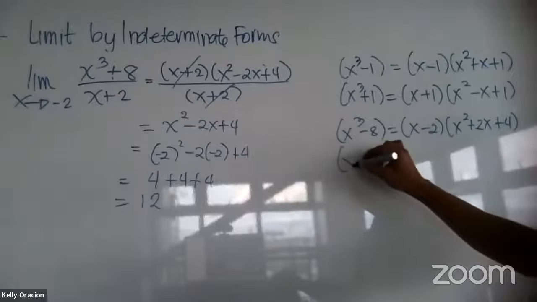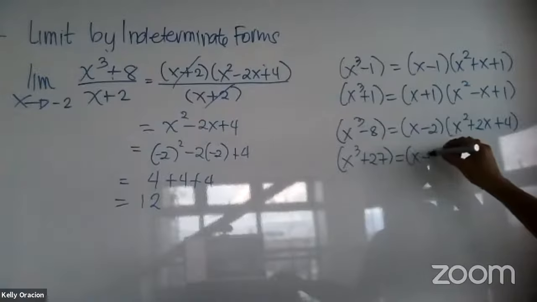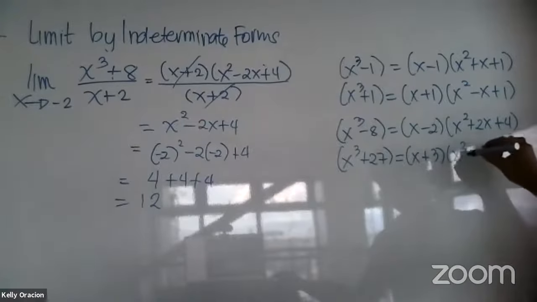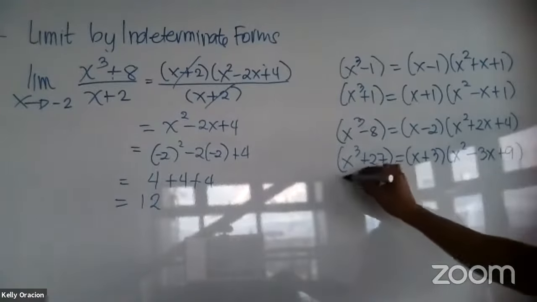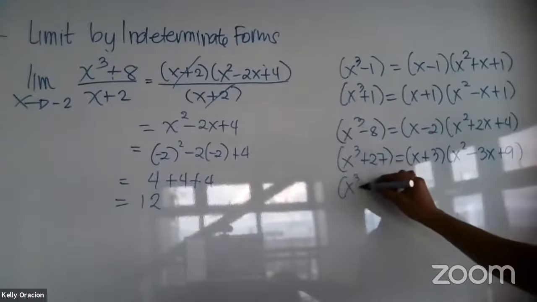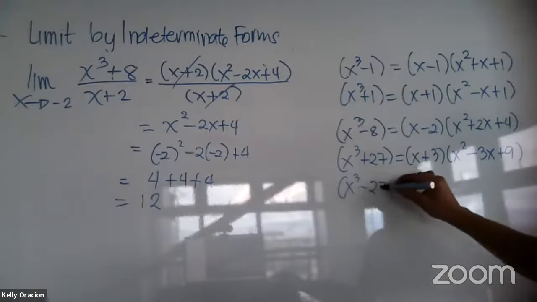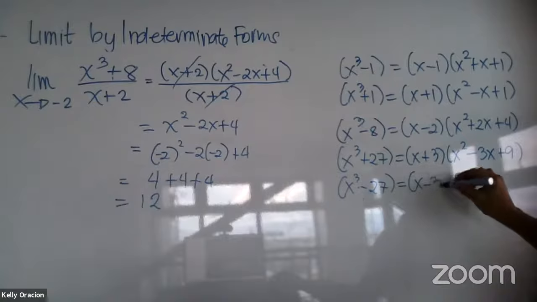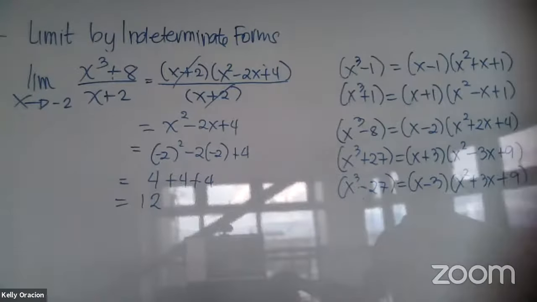For 27, x cubed plus 27 is x plus 3 times x squared minus 3x plus 9, and x cubed minus 27 is x minus 3 times x squared plus 3x plus 9.